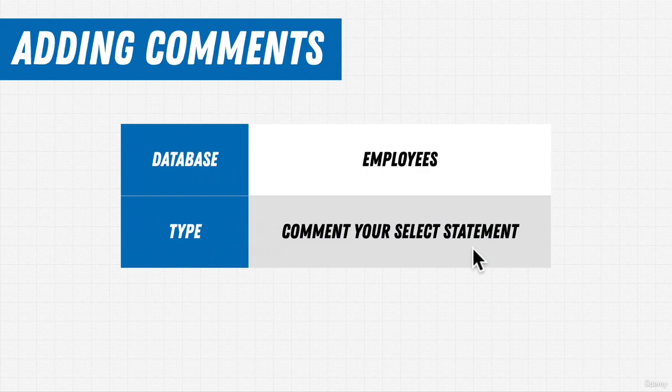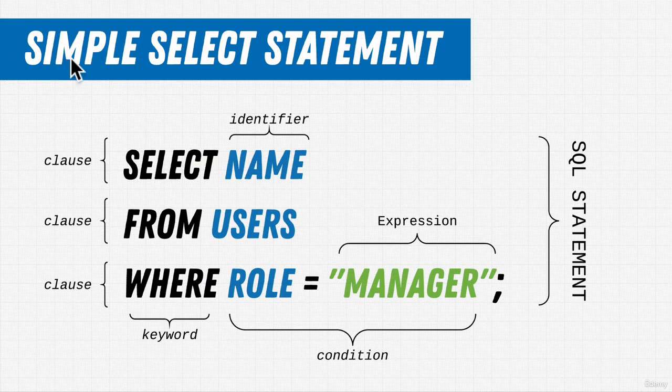Now, this may seem very basic and very outlandish to do when you're doing a very simple query, but the principle is key. So I want to take a blast to the past and go all the way back to the simple select statement. And back when we did the simple select statement, you may have noticed that we did something a bit more complex, which was a filter. So we had all of these clauses: select column name, from table users, where the column row equals manager.